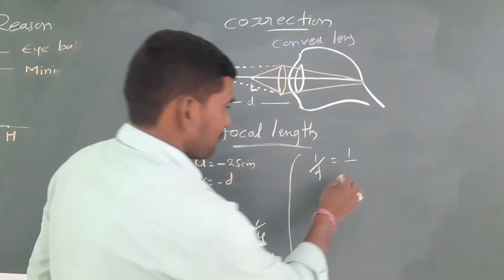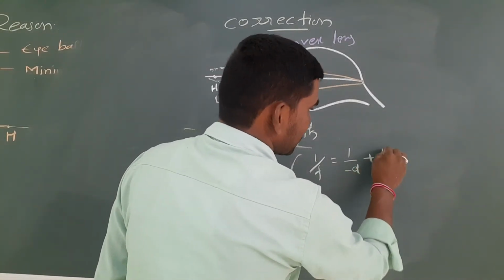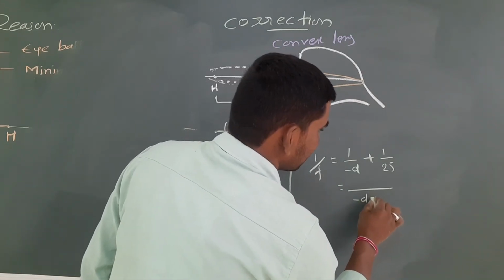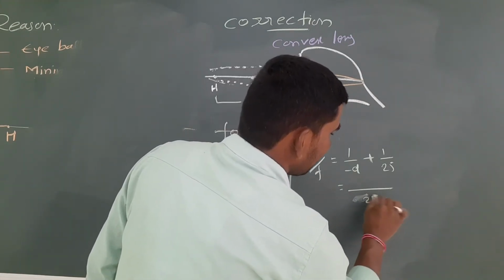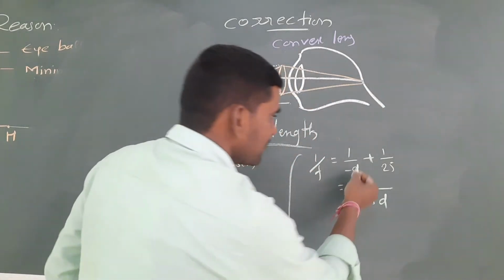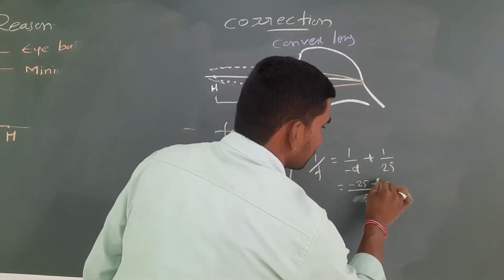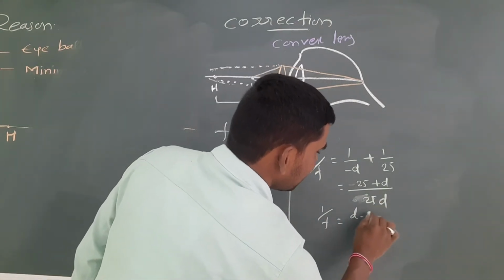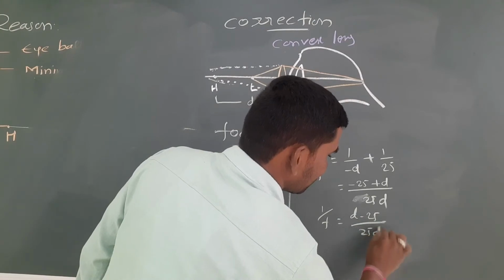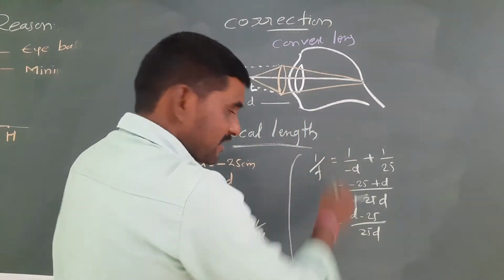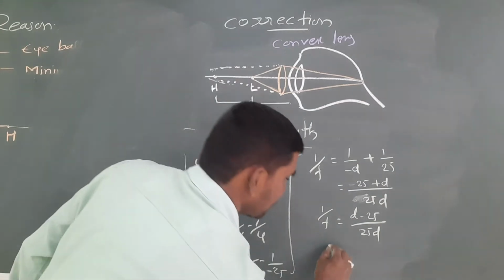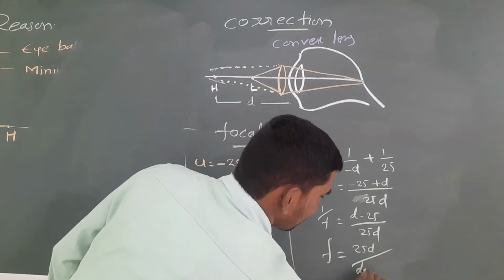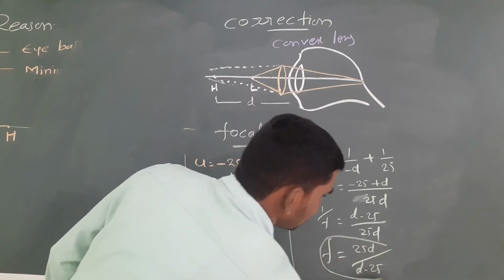This is minus 1 by D, this is plus 1 by 25. LCM is 25D. Here minus 25, here plus D. So 1 by F is equal to D minus 25 by 25D. If I take the reciprocal, F is equal to 25D by D minus 25. This is the focal length.